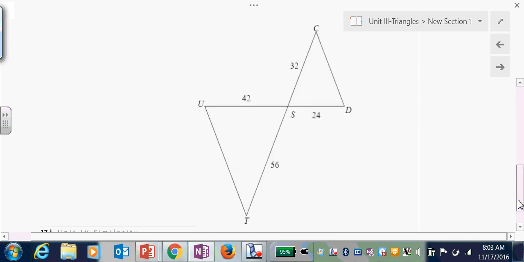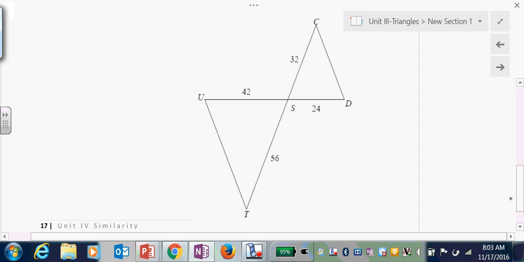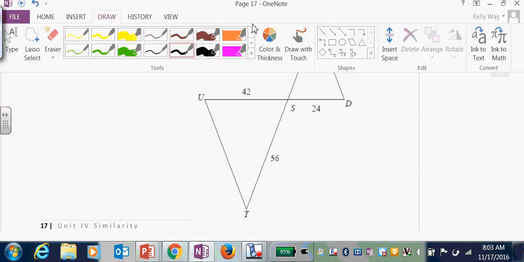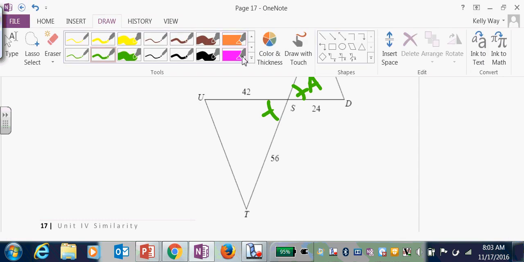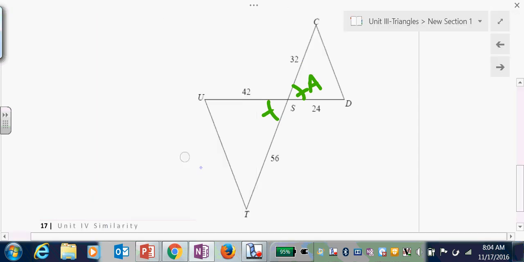Let's take a look here. Of course, right off the bat, you see you have a pair of vertical angles. Be very careful. We're not told anything else is parallel. Now we're going to check our sides, and it's very important that you match them up very carefully. So I'm going to go short side. I'm going to write the word short.